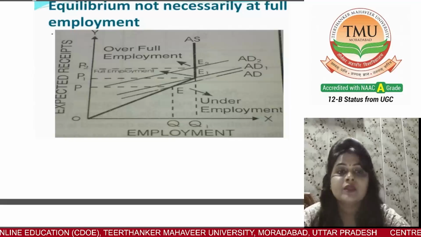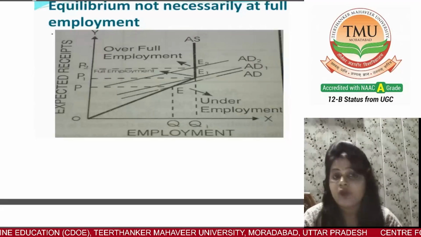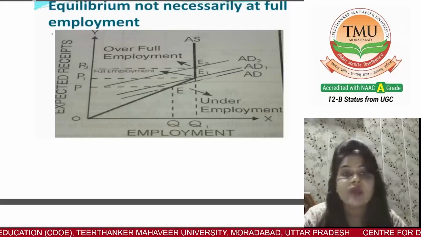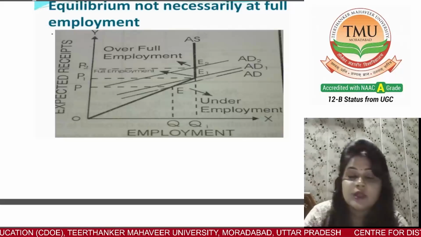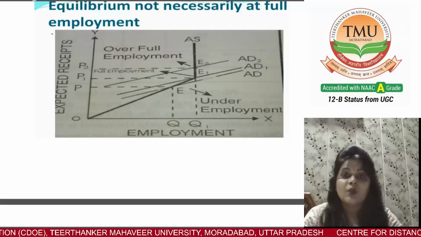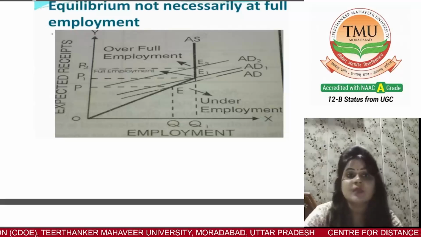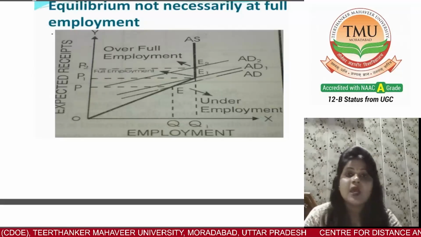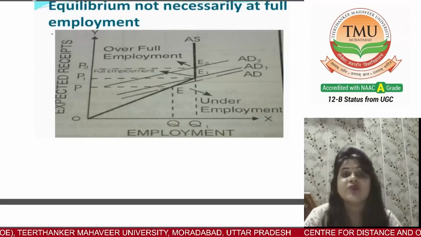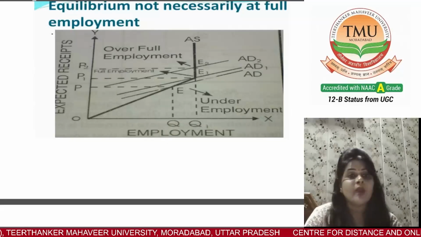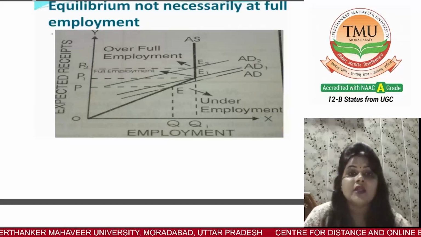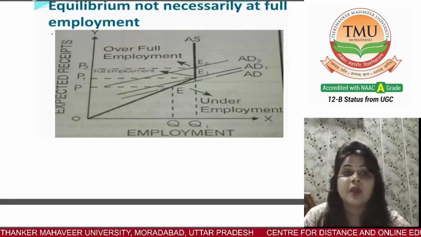And effective demand is very important because, as I also discussed, it determines the level of employment in the economy. When the effective demand increases, employment also increases, and when it declines, employment decreases. Unemployment is caused by a deficiency of effective demand.